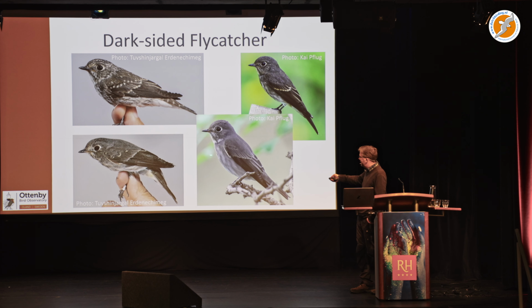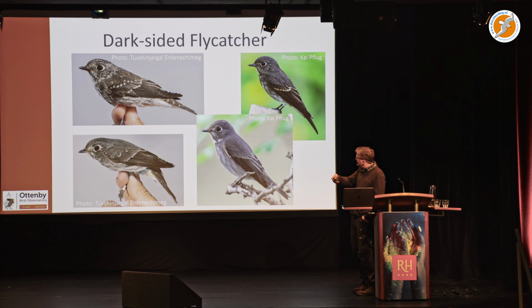The only difference you see is the one in wear: this very worn wing in this autumn dark-sided flycatcher, compare that to this very fresh wing that you see a couple of months later after their complete moult. You have a partial moult here on stopover, and here you have a complete moult in the adult bird. So the whole plumage, including the wing, is very fresh in the moulted adult dark-sided flycatcher.